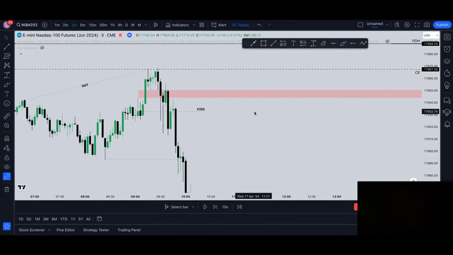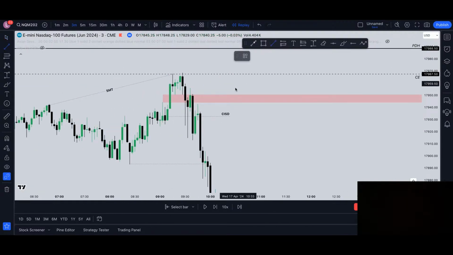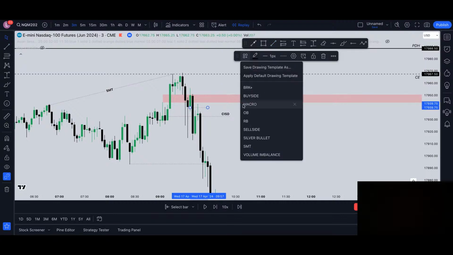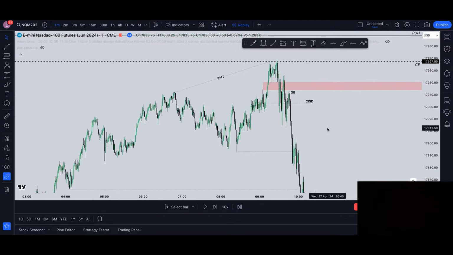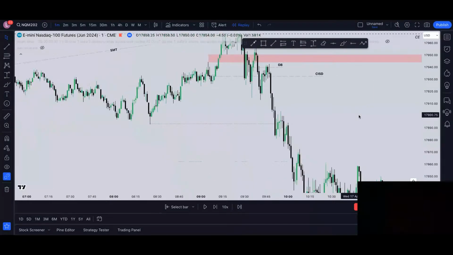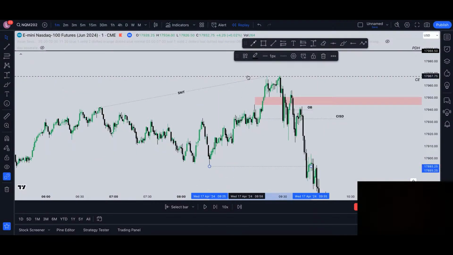On the 3-minute, we can see this 9:45 on this order block is respected. And the sell side.